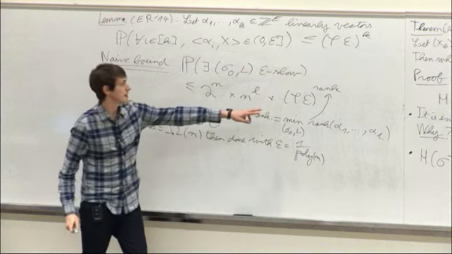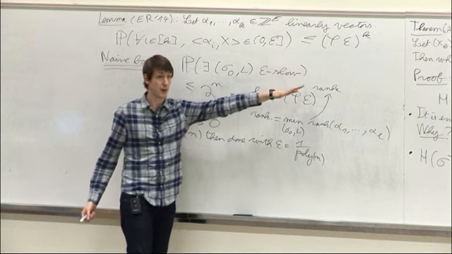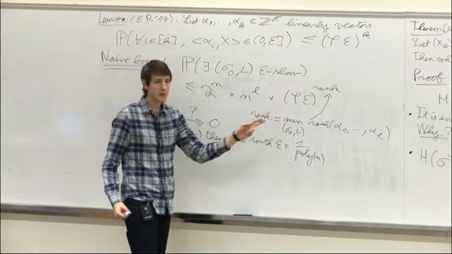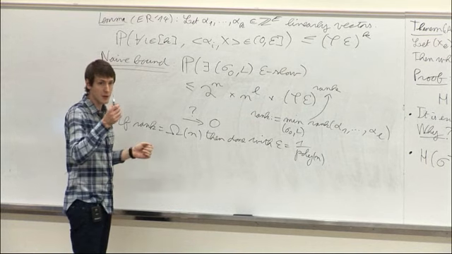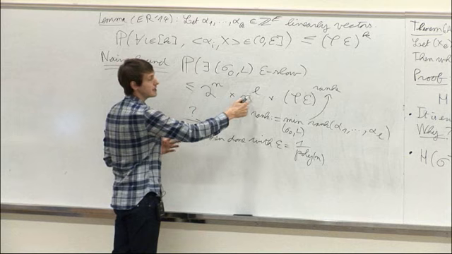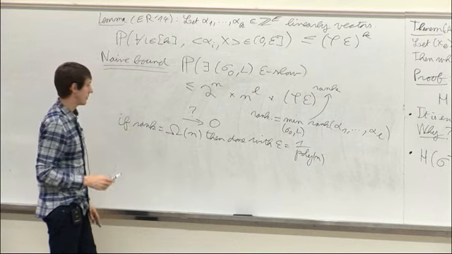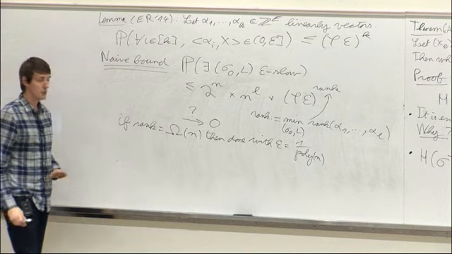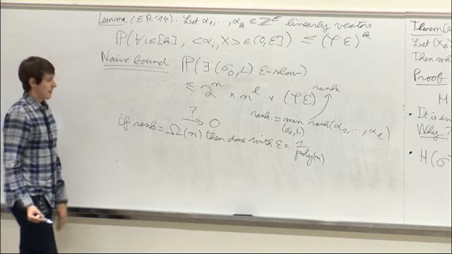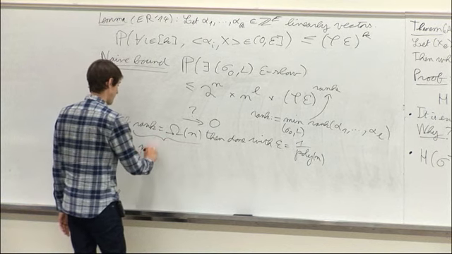You see that if the rank was of order n, some constant, 0.1 times n, then I can just take epsilon to be 1 over n to the 100, and this term will kill the 2 to the n, and it will kill the n to the l. Where n to the l is something like n to the n. So if the rank was omega n, we would be done. Okay, the issue is that this is not true.